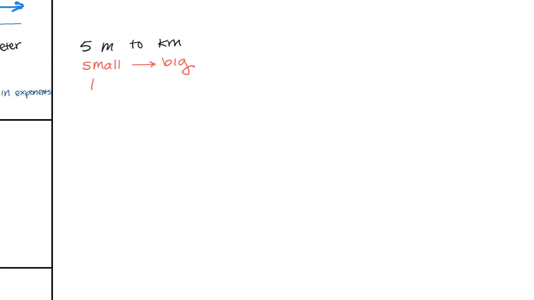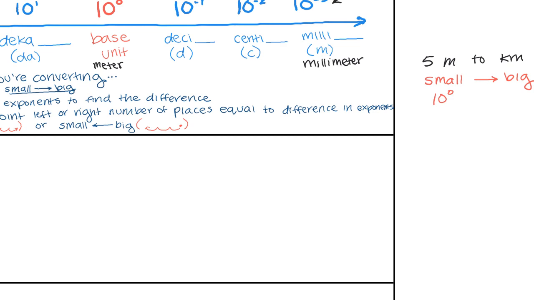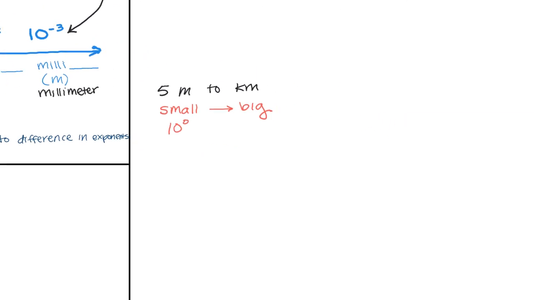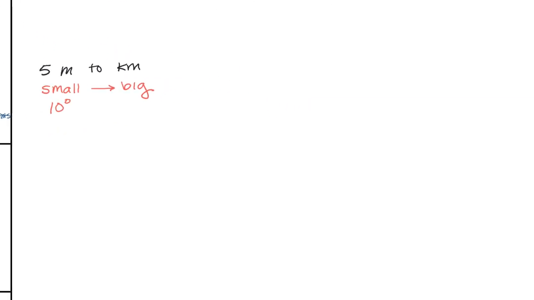And as a reminder, anytime you have something to the 0th power, that really just means it is equal to 1. But for the purpose of this example, we'll just say that is 10 to the 0th power. And our kilometers, we go to our scale here, our kilometers say that it is 10 to the 3rd power. So I'm going to write 10 to the 3rd power over here. Okay, that is step number 2.